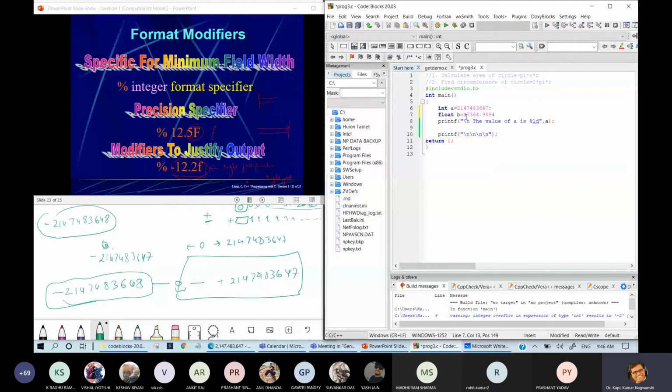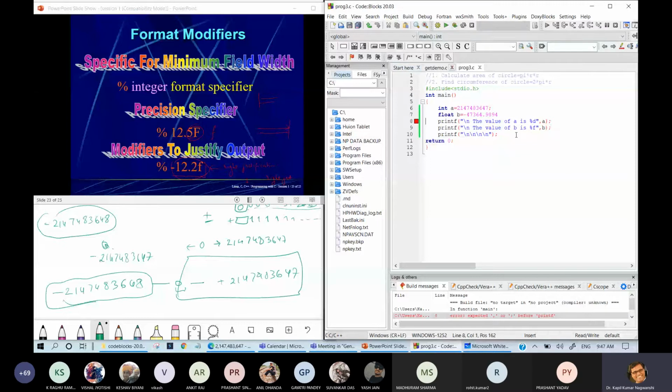Here the value of a is this and the value of b is this. Because a is an integer I am using d, and because b is not an integer number I am using float. If we run this program, it works simply and gives you the answer written here.